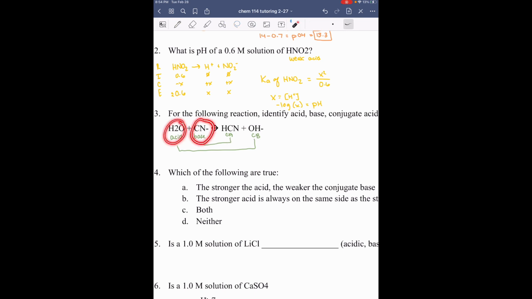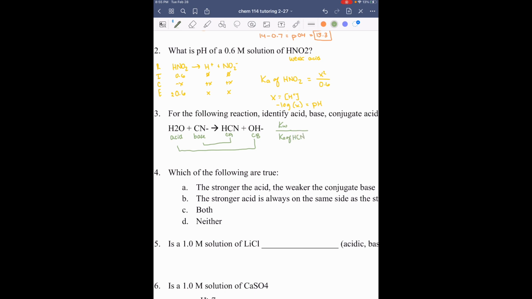Acid, base, conjugate base. And then just to help more with identifying Ks again for different reactions, there are two different ways you could find K for this one. So you could either recognize that the acid that we would have a Ka for and water are on opposite sides. So that would be Kw over Ka of HCN.